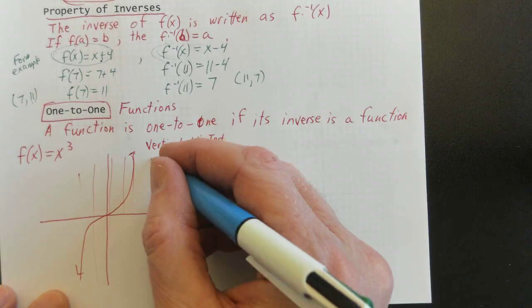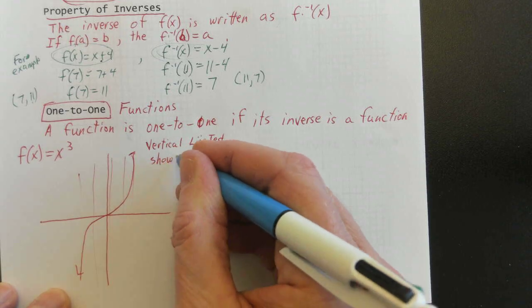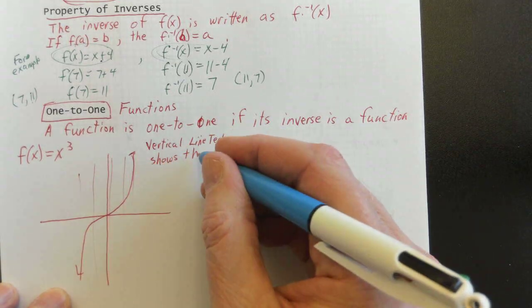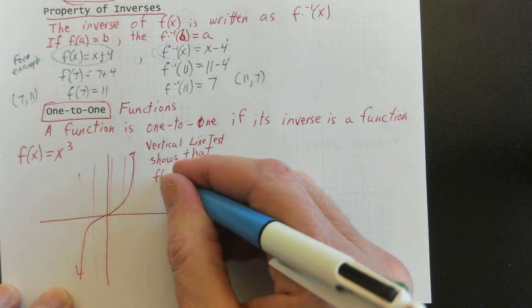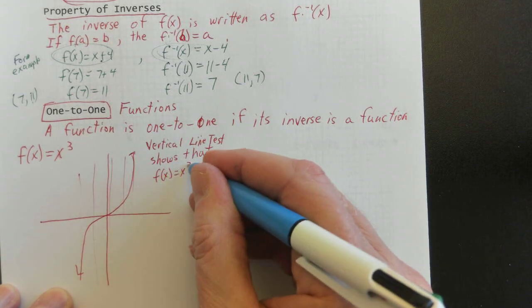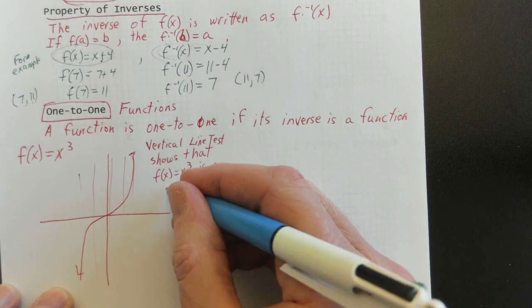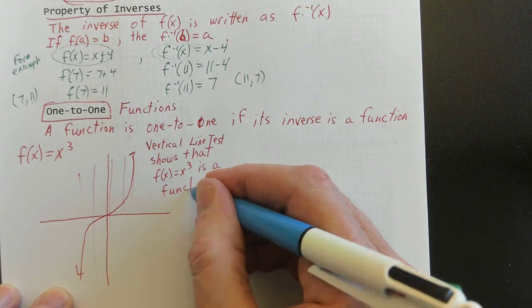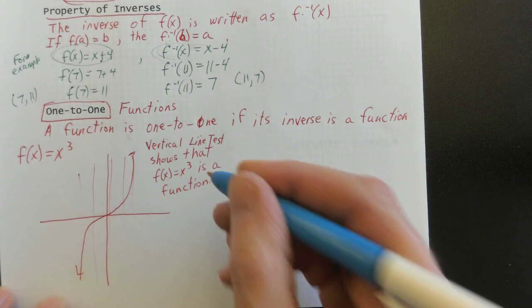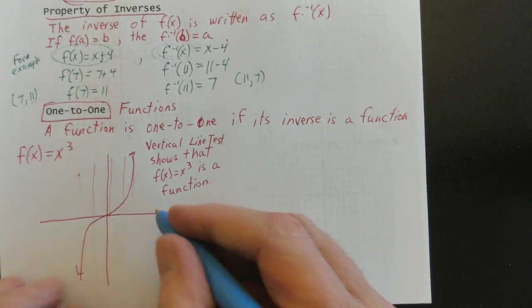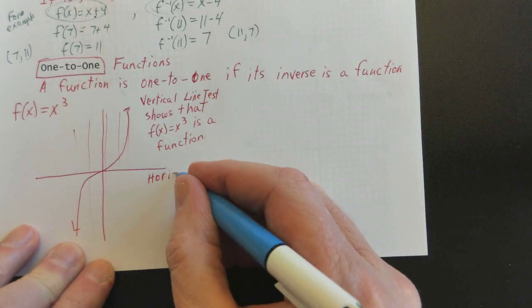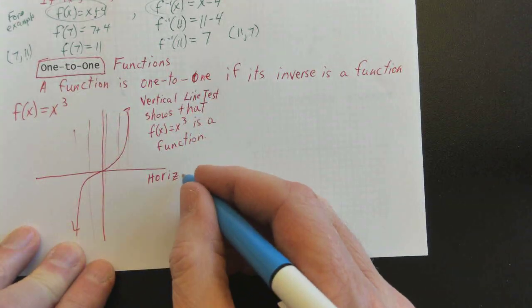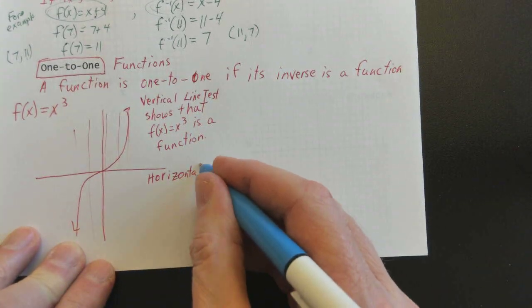So the vertical line test shows that f of x equals x cubed is a function. All right? We also have, for one-to-one, a horizontal line test.